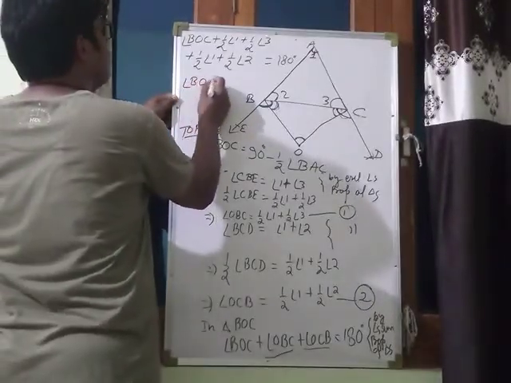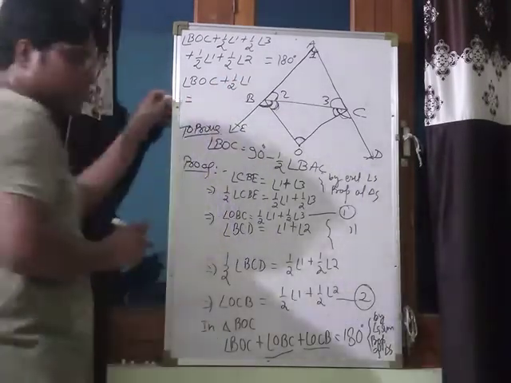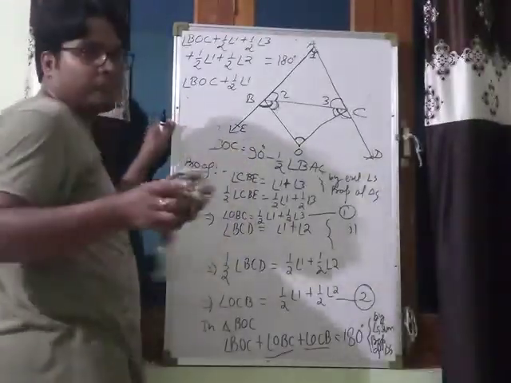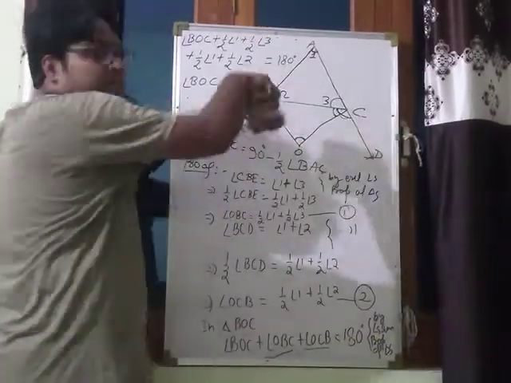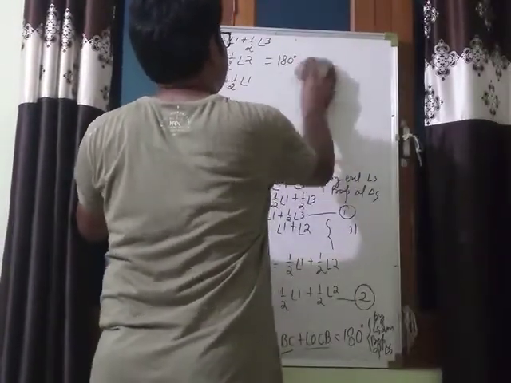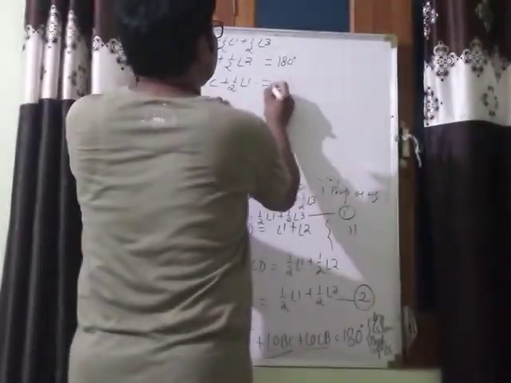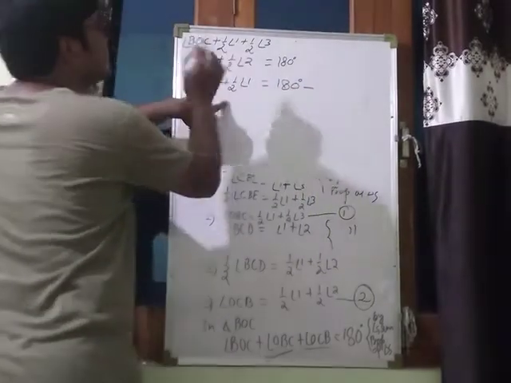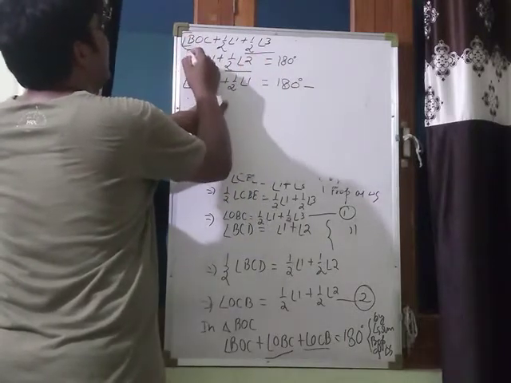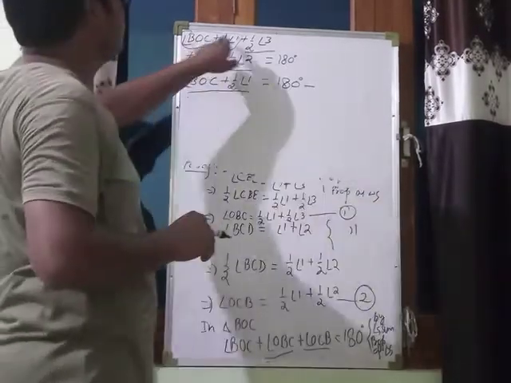Angle BOC plus half of angle 1 equals, I am going to rough this. I hope you have met this figure. So that will be equal to 180 degrees minus... I am going to transfer this one and this one, and I remain in the left side BOC and half of angle 1.